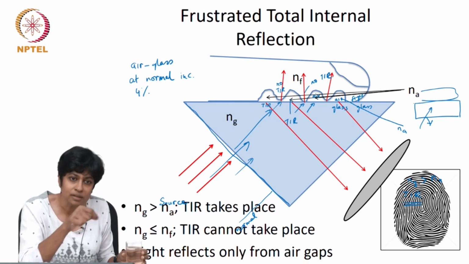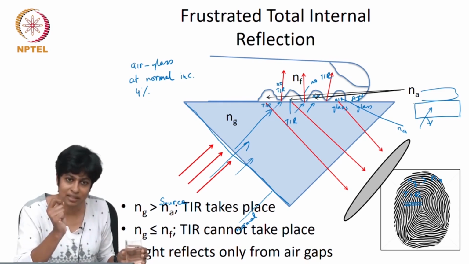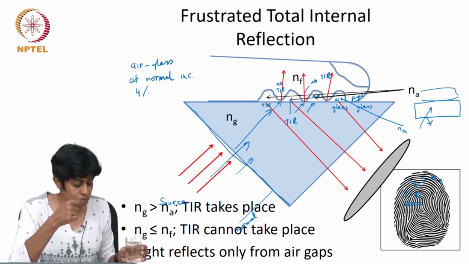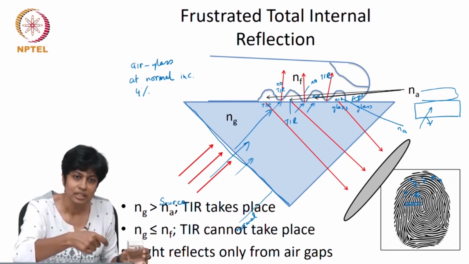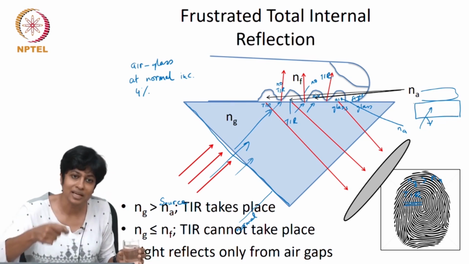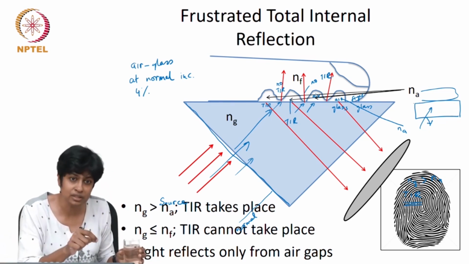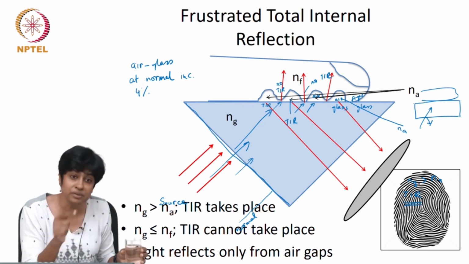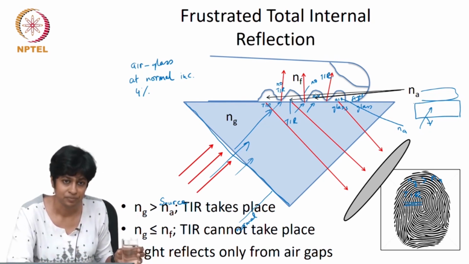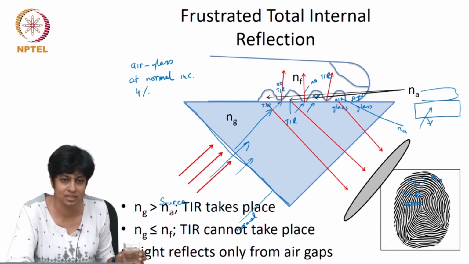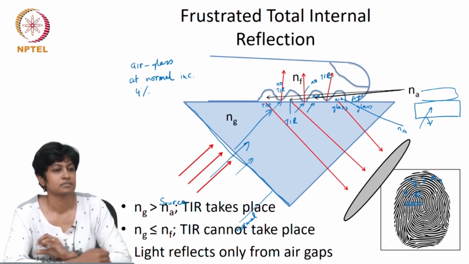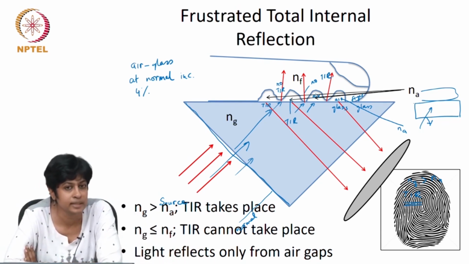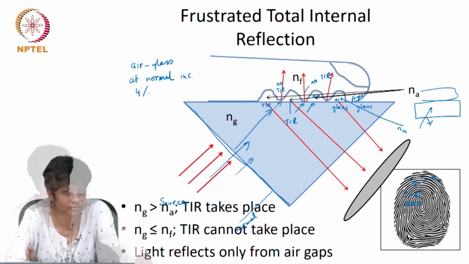And where the ridge touches the glass, then I have water, glass, finger. So the refractive index difference there is not the same as water, glass, air. So the reflection that's coming back is different from different regions of the fingerprint. And that's why the contrast is enhanced. But yes, you should think about it in more detail, exactly how this works. But this is the basic principle. Okay.